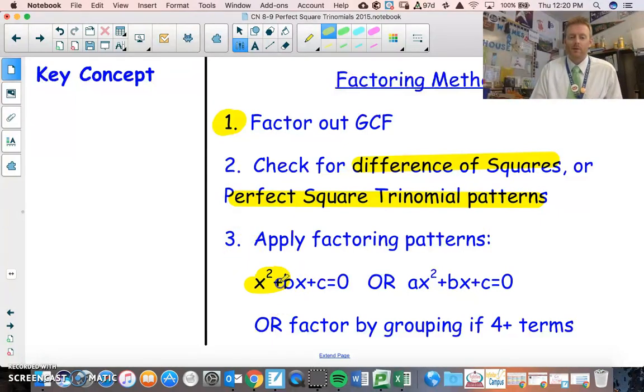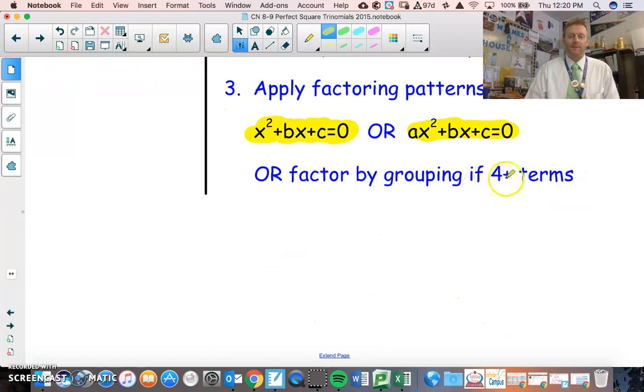So we're looking for the 8.6 method, where we're multiplying to see what multiplies to make a C but adds to make a B. Or we're looking at the 8.7 method, which is to multiply A times C and see what adds together to make a B. Or our final option, if there are 4 or more terms, is to factor by grouping. So we're looking for those things to help us make sense of all of these items.